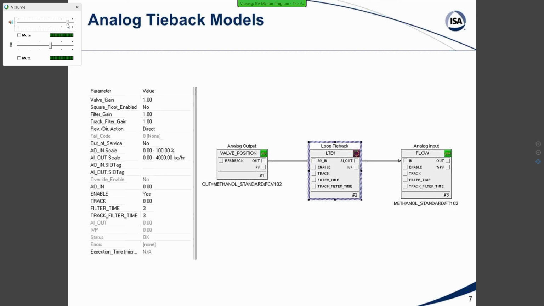And that is because A, this is often not known, and B, for purposes of speed and an easy to control simulation, this is a very good way to get a base level without that dead time information. So this is truly the lowest level of modeling that would be there. If we wanted to add dead time, we'd probably add it after the loop tieback block before we send it back as a flow.